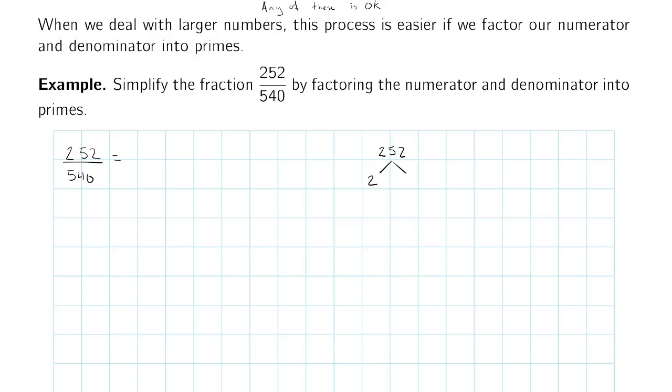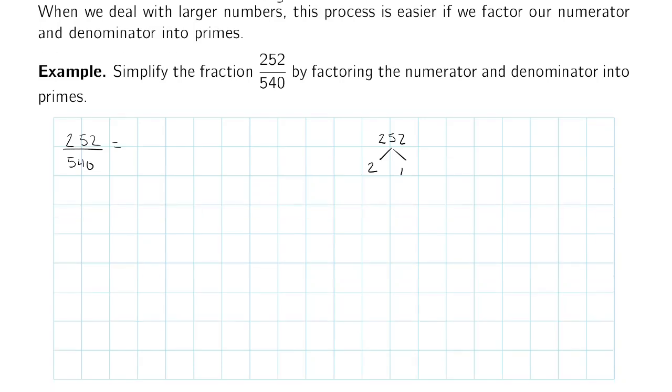Doing that division, this is 2 times 126. Well, 2 goes into that again. This is going to be 2 times 63. Oh, and now I'm happy, because 63, I know, is 7 times 9. 7 is prime. 9 is 3 times 3.